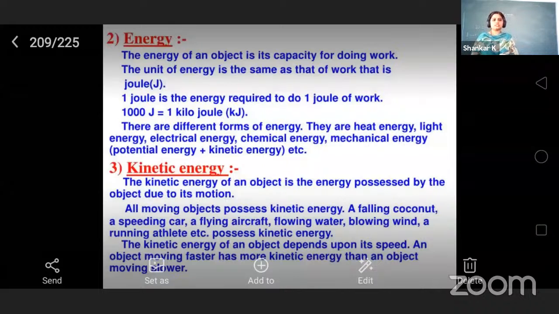We say energy or power. Sometimes we use the word power in between your slides. You say that to do that work you need power, right?